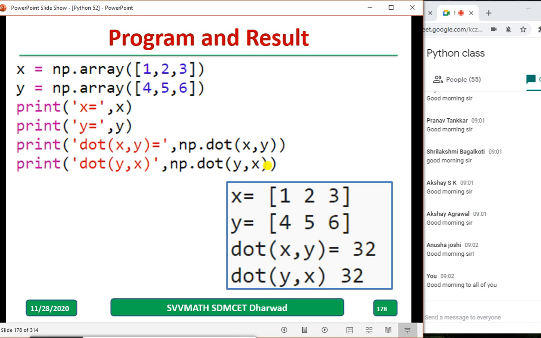A program and a result I am showing you. X equal to, I take 1, 2, 3. Y equal to, I take 4, 5, 6. I am printing x, I am printing y, and dot of x comma y, dot of y comma x I am printing. Both the answers will be 32. So copy it into the program and you can execute.